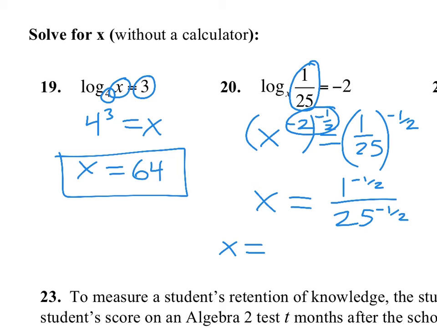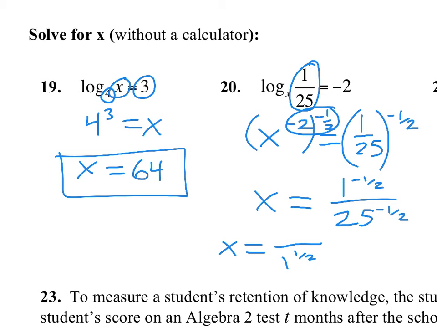What do we do with negative exponents? Well, negative exponents can move and become positive. If I have 1 to the negative 1/2 on the top, that can become 1 to the positive 1/2 on the bottom.